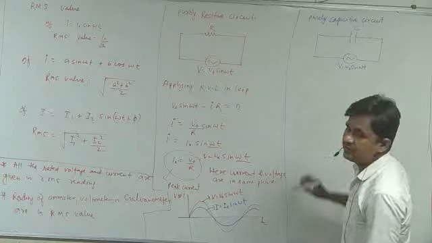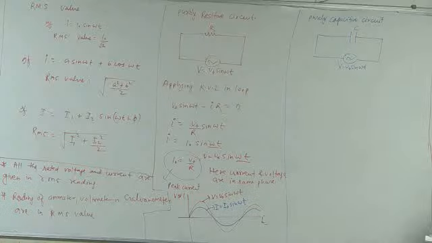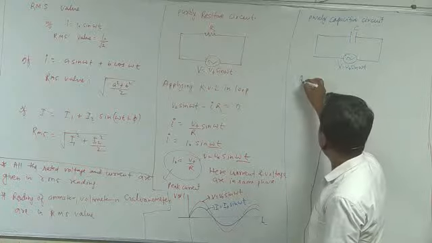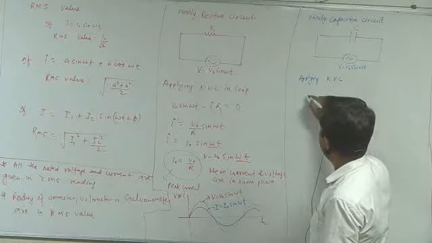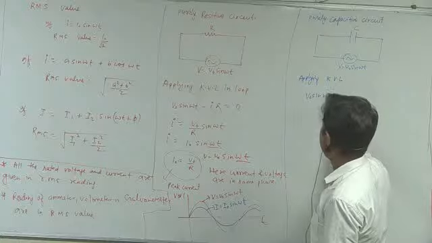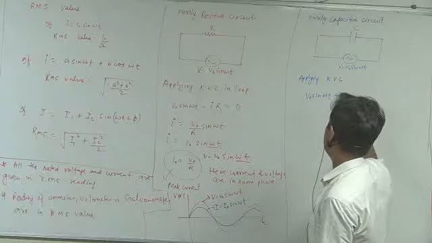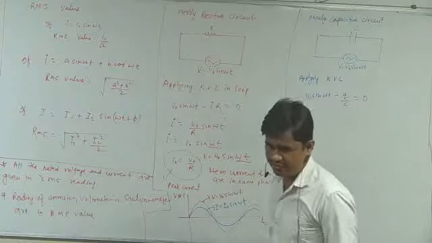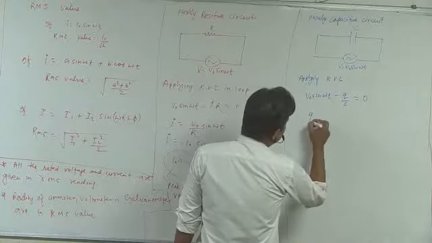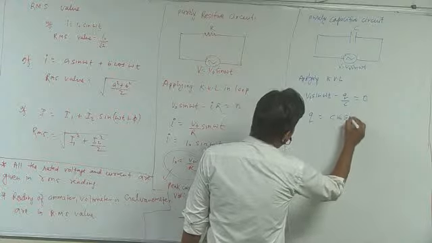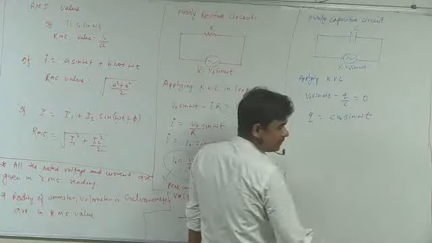Capacitance is C. Let's write the KVL equation. Applying KVL, what will you say? V naught sine omega t minus Q by C equals 0. Yes or no? So we will write Q equals C V naught sine of omega t.